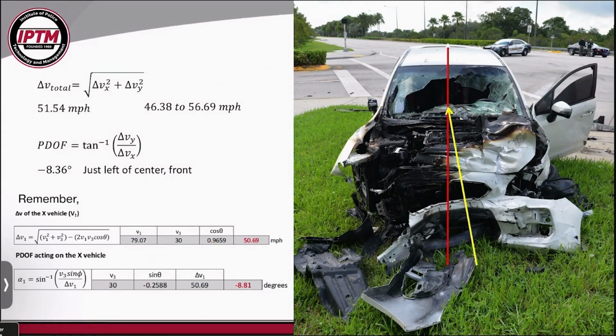And what this has done is it's allowed us to do a checks and balance and say, well, okay, my independent conservation of linear momentum analysis, which is based on my interpretation of the evidence, and hopefully you guys caught that emphasis, it's interpretation of the physical evidence, has allowed me to say, okay, well, here are my speeds, and based on those speeds, here's my change in velocity, and here's my PDOF, my principal direction of force.